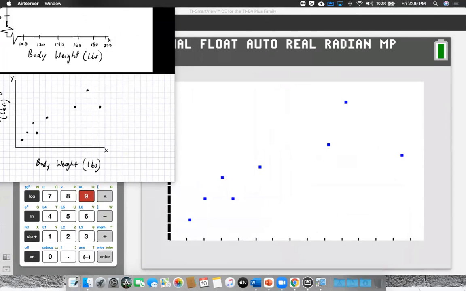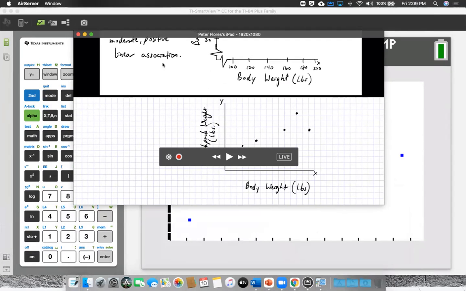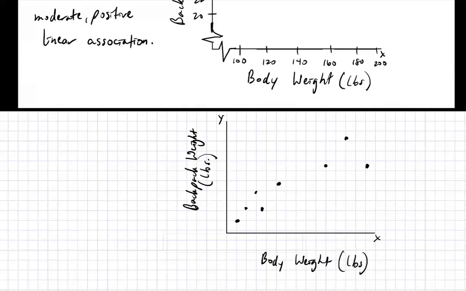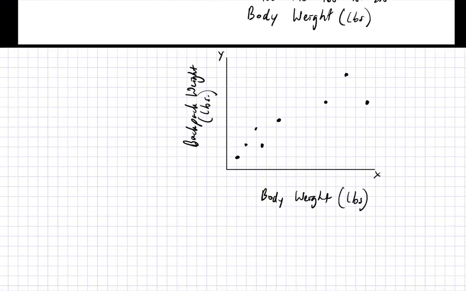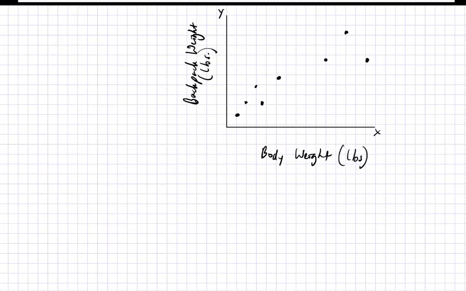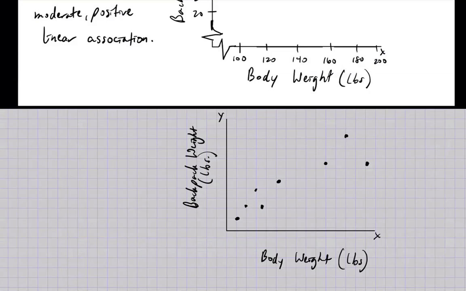There you go. Okay. So if you're doing it by calculator, that's what I need to see. Still labeled. Pretty much the only thing you don't need is to scale it because the calculator already scaled it. Again, I can still tell that as body weight increases, so does backpack weight.